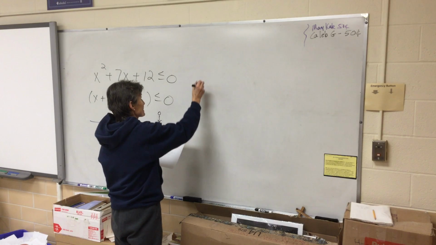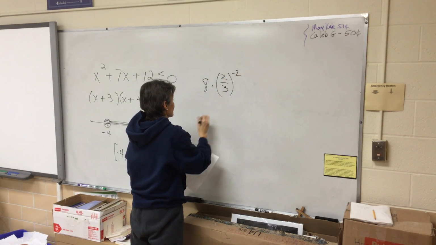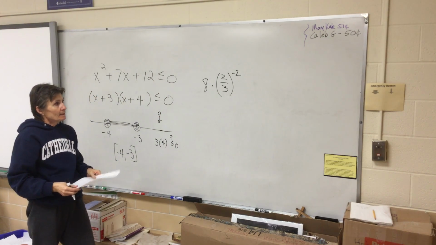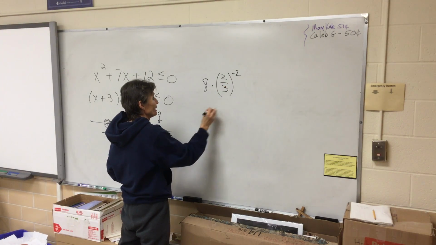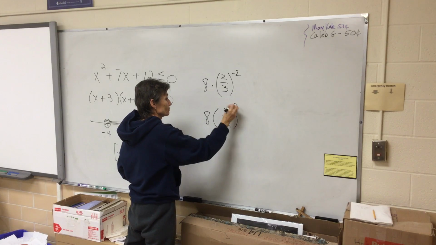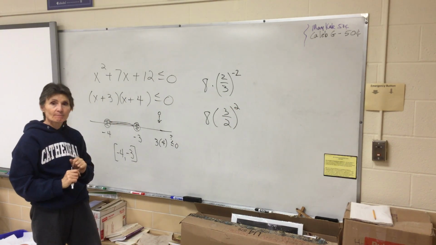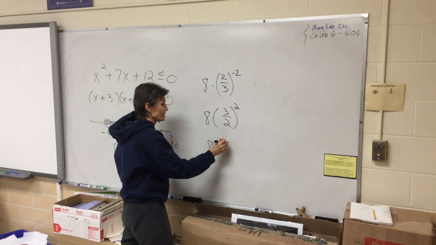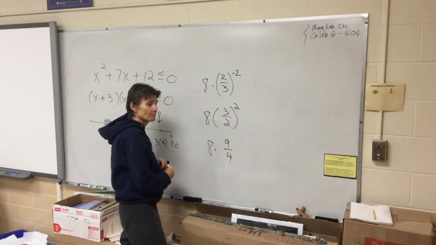All right, now I am simplifying. Okay, remember, a negative exponent means a flip. So I flip the 2/3, make it 3/2. Now I square everything, so I have 8 times 9/4, 3 squared, 2 squared.